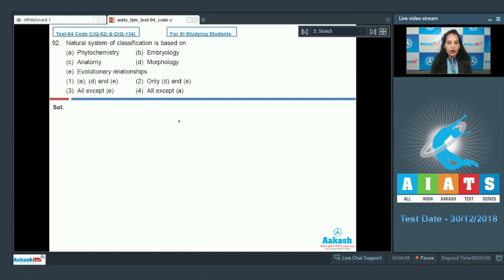Hence, a new system called the phylogenetic system of classification was introduced in which evolutionary relationships were included. So the phylogenetic system of classification includes evolutionary relationships, not the natural system of classification. So it includes phytochemistry, anatomy, embryology, morphology, but not evolutionary relationships. So the correct option for the given question is option number 3. Let's move on to the next question.